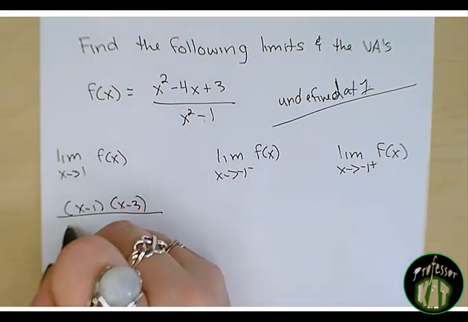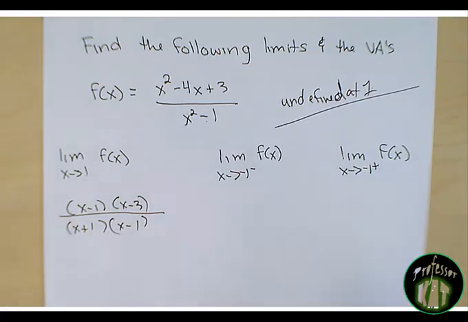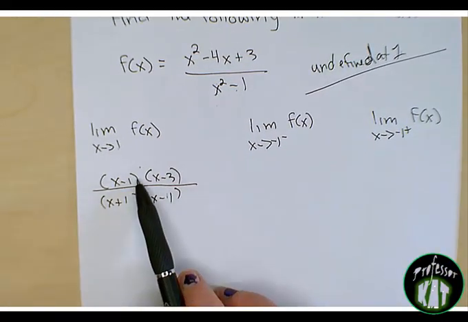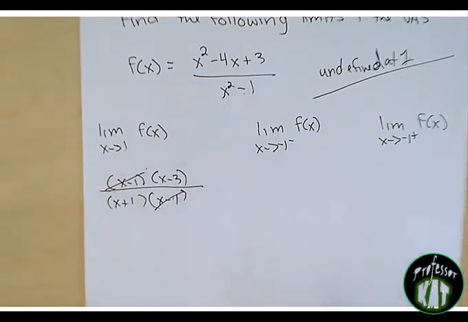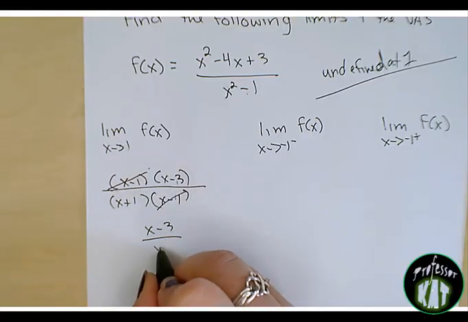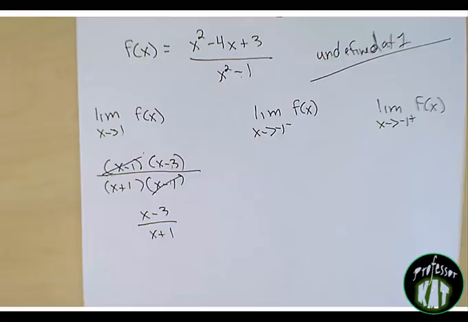Our denominator is the difference of squares, x plus 1 times x minus 1. So we can cancel the x minus 1 in the numerator and denominator, leaving x minus 3 in our numerator and x plus 1 in our denominator.